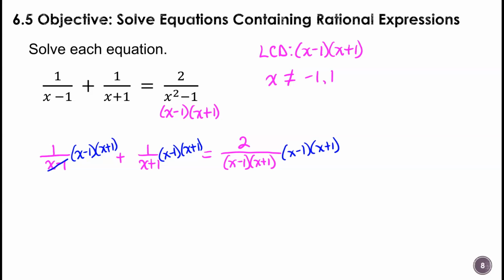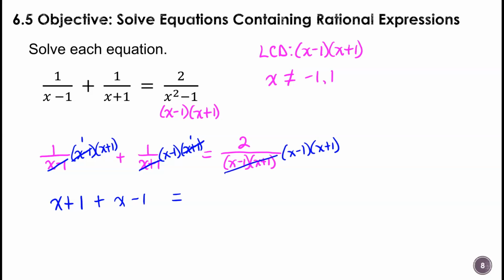All right, so x minus 1 goes into x minus 1 one time, and I'm just going to multiply my numerator times x plus 1. So x plus 1. This eliminates the x plus 1 factor, and so then I'm going to take 1 times 1 minus x. Sometimes you may need parentheses here to be careful with signs, but it's a plus right there.